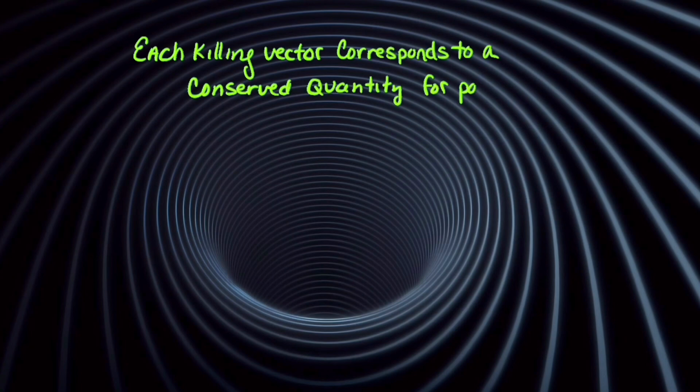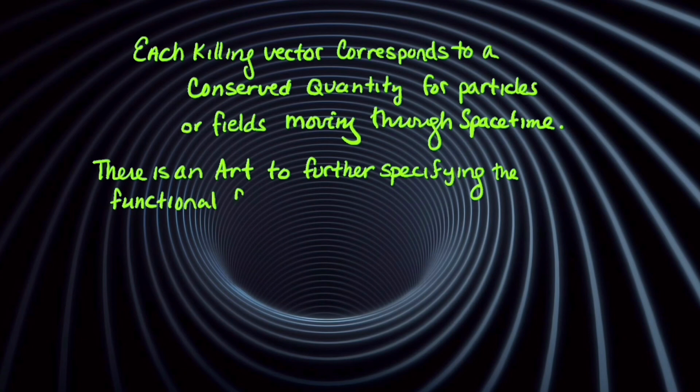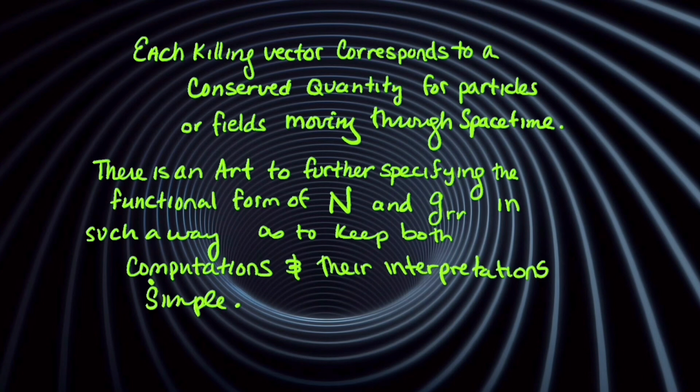Each Killing vector corresponds to a conserved quantity for particles or fields moving through spacetime. And there's an art to further specifying the functional form of n and the radial part of the metric in such a way as to keep both computations and their interpretation simple.